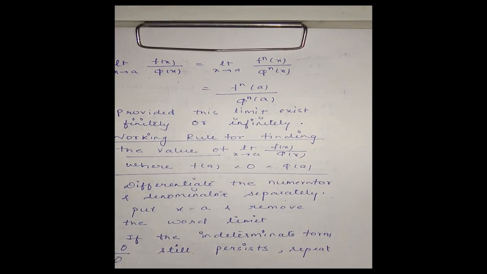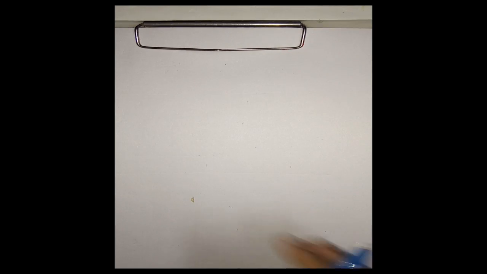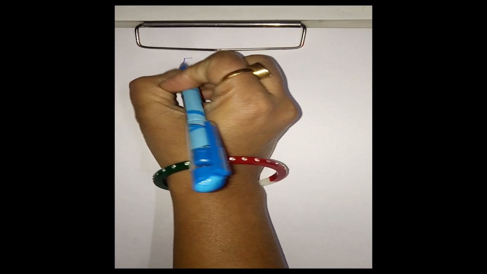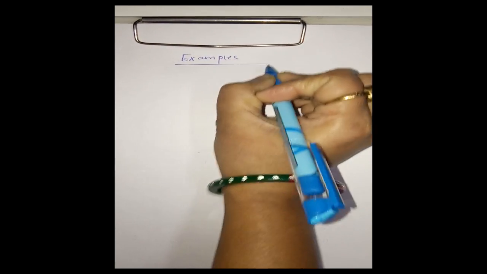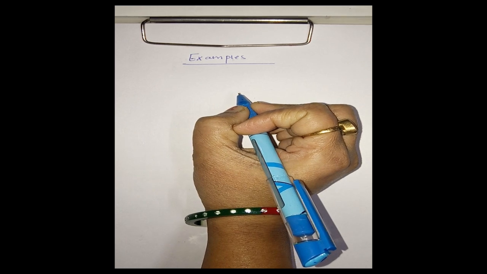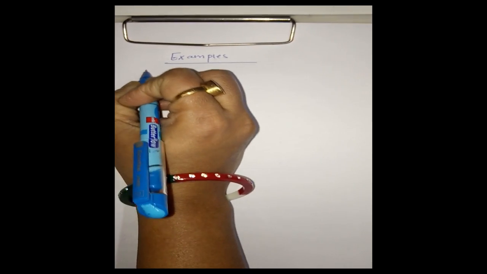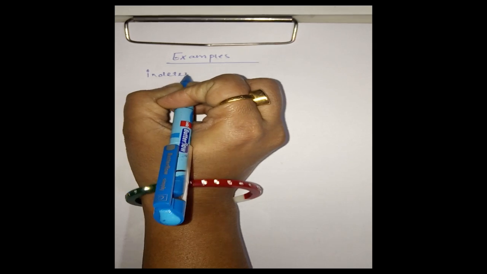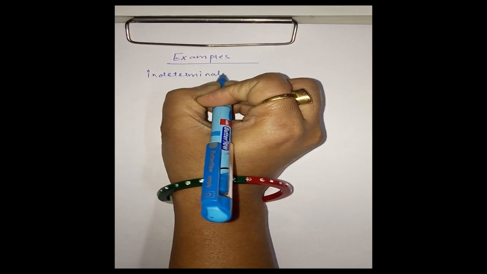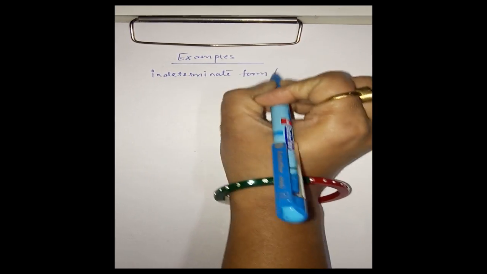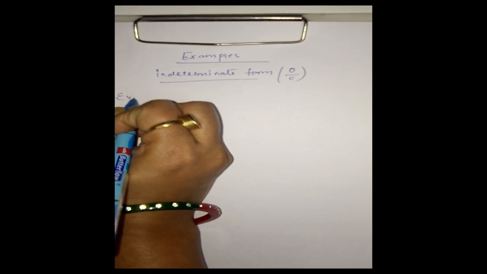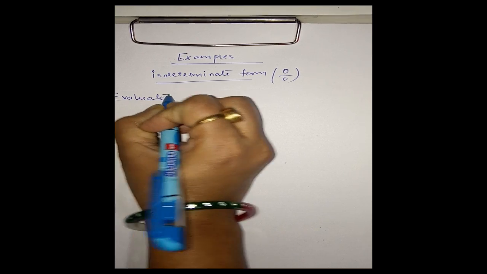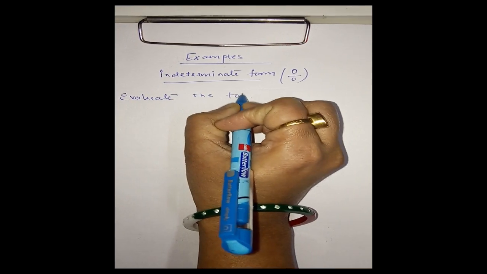Now let us come to the examples, some problems to understand it more clearly. First we will do examples of indeterminate form 0 by 0. Okay, let us consider some problems of this form. Evaluate the following limits.